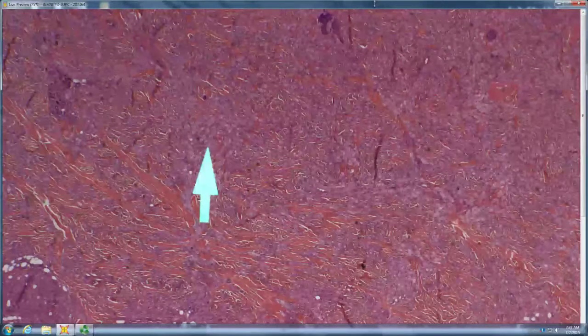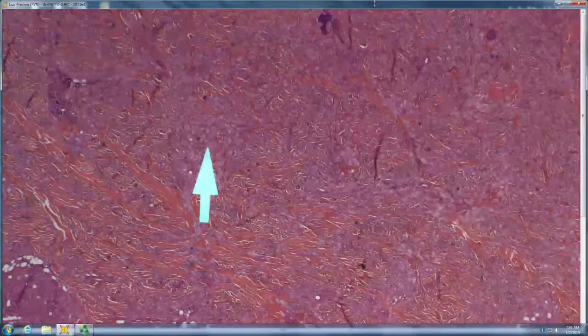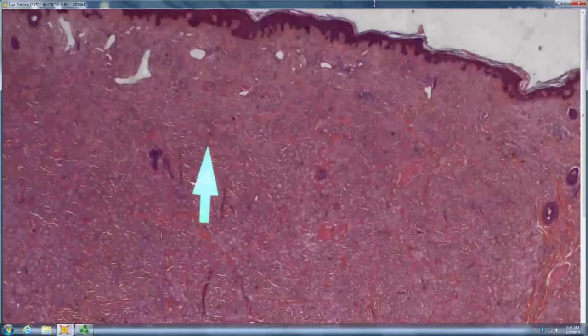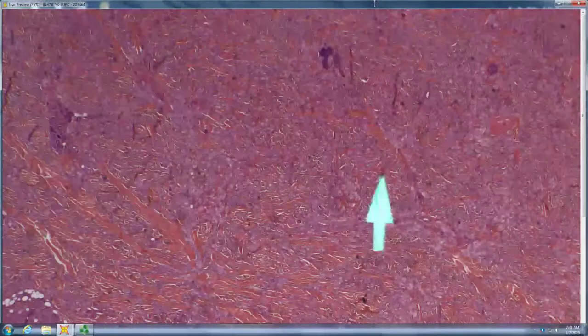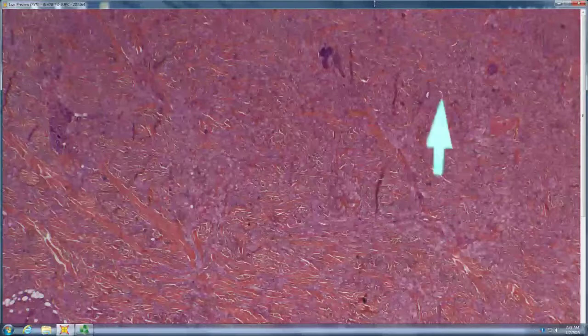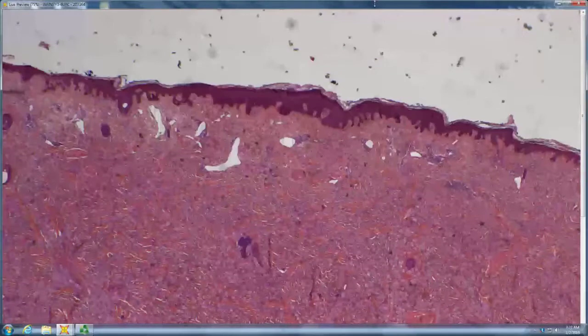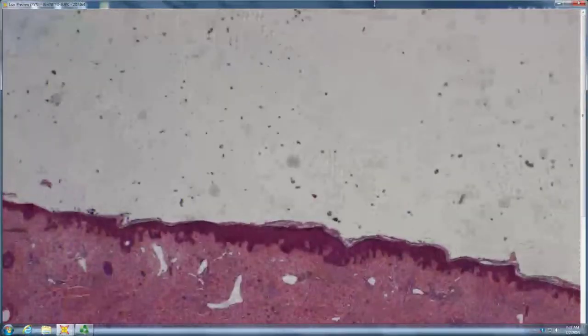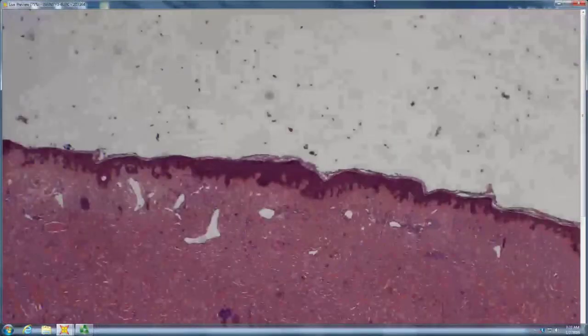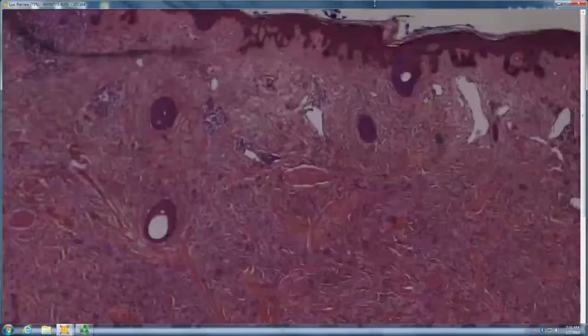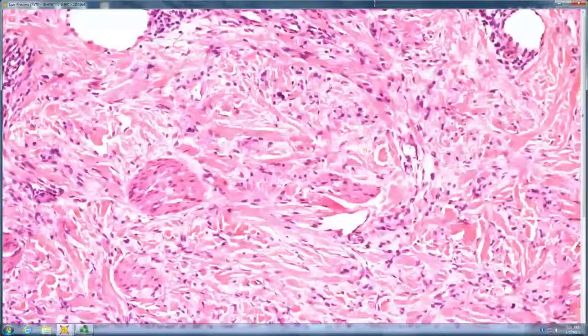It can go as deep as it wants to go. But the clue at scan, even before you look higher at the lesion, is acanthosis overlying.